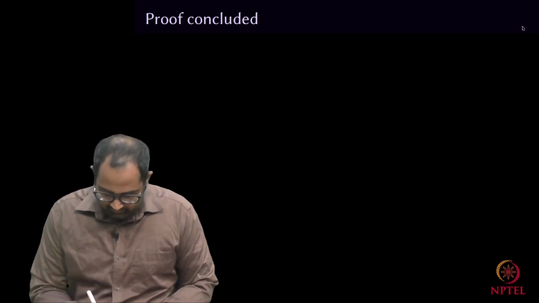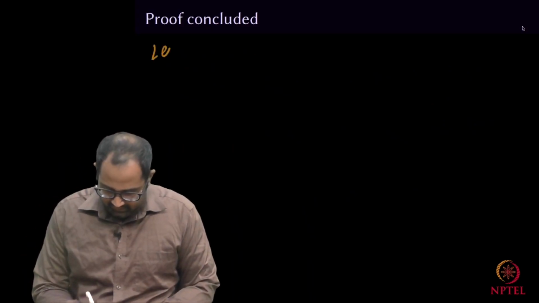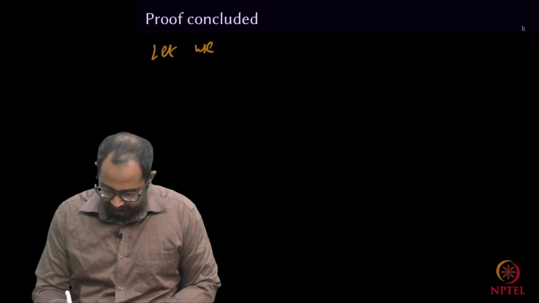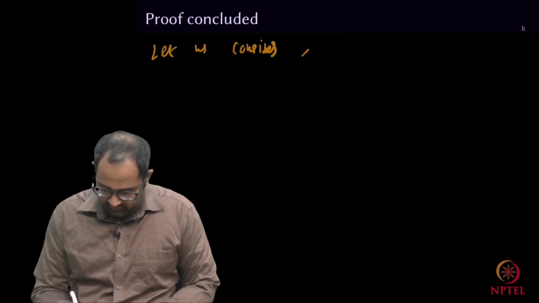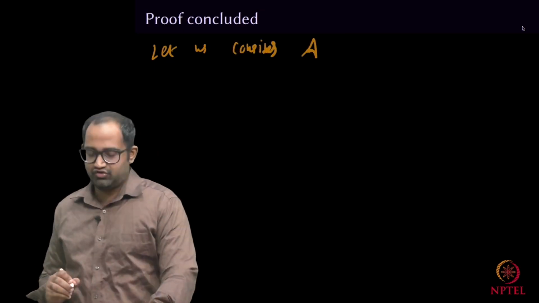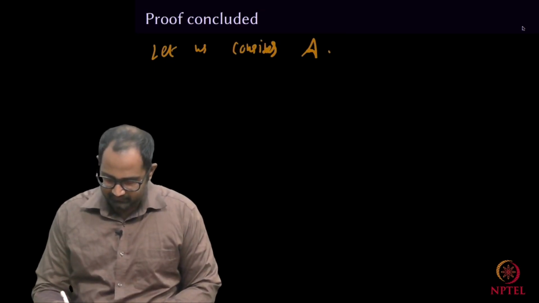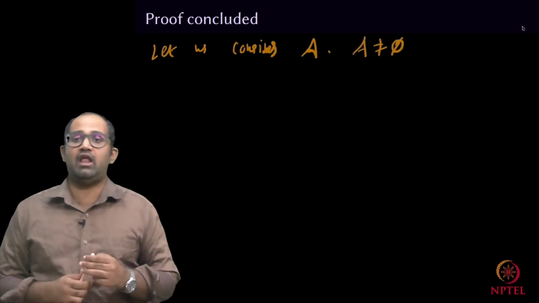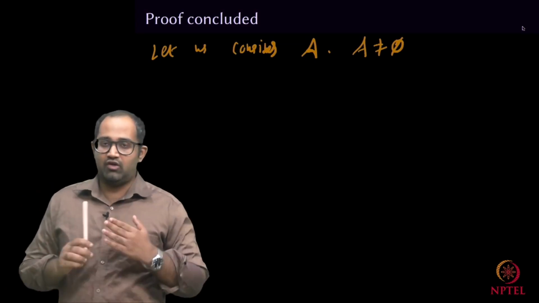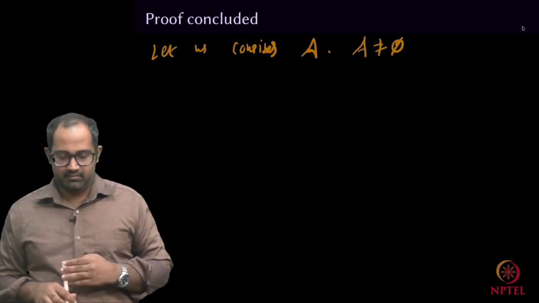First of all, so let us consider A. What we have really shown is A is not empty, right? Recall A was the set of all annihilating polynomials of T. This long argument shows that A is non-empty.